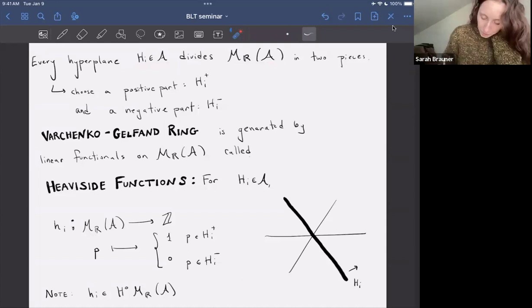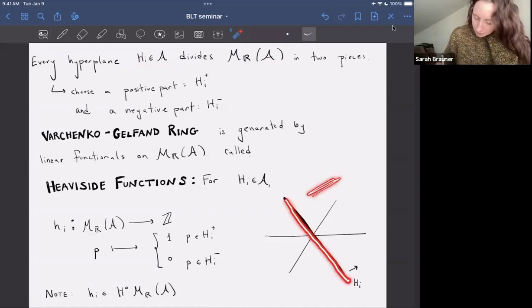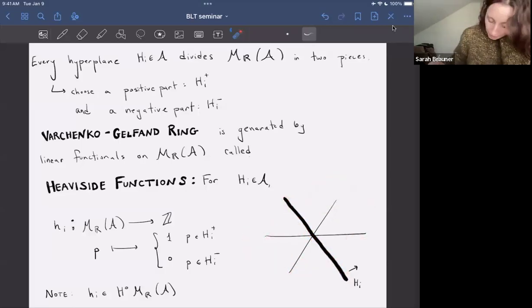So we can see that here, I have a hyperplane cutting the space in half, so I can think about this as one side and this as the other side, okay? And what I'll do is I'll choose arbitrarily a positive and a negative part for my hyperplane.